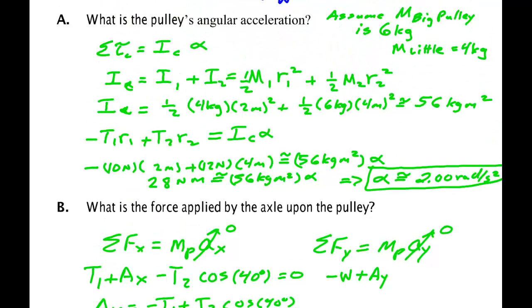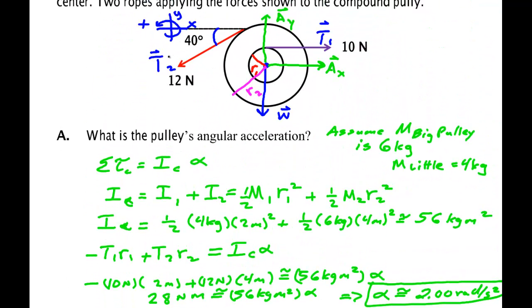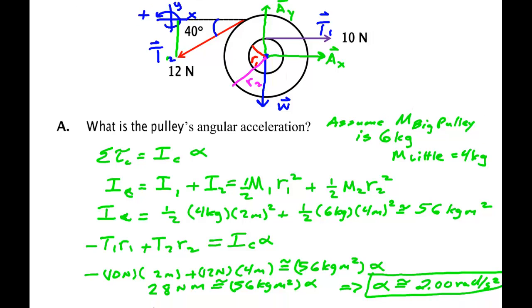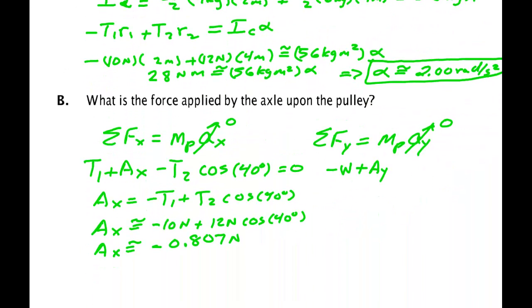On the y direction, we had a minus W, we had a plus AY, and then we had a component of T2, this component going down here, which is the opposite side, right? So this right there would require the sine function. So minus T2 sine 40, and that's 0. So AY would equal M1 plus M2 times G, the total mass, plus T2 sine of 40.